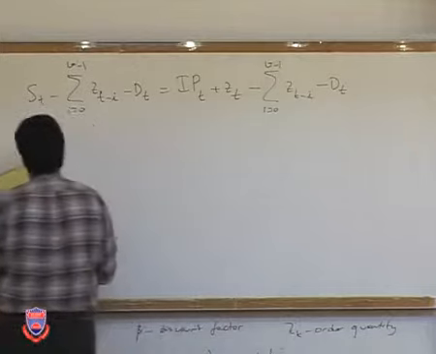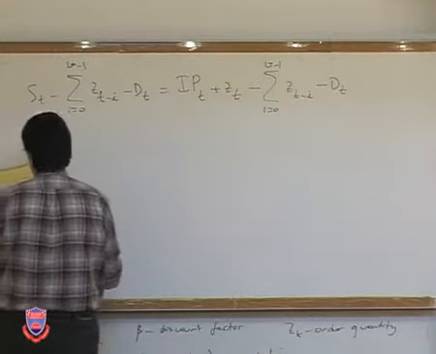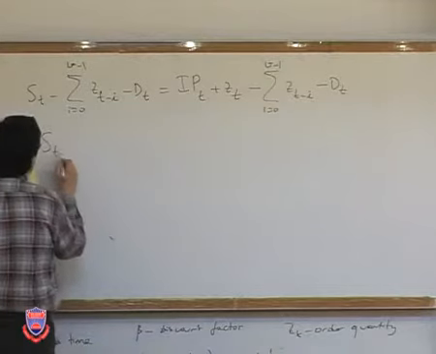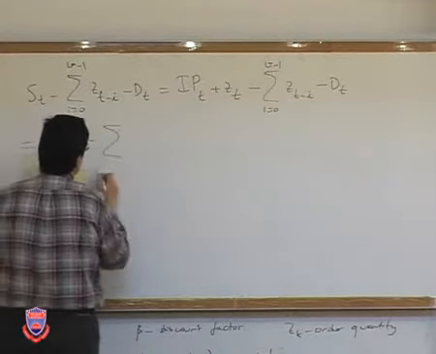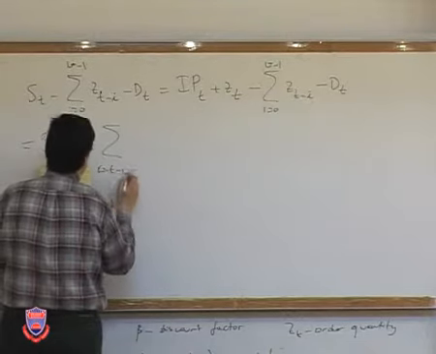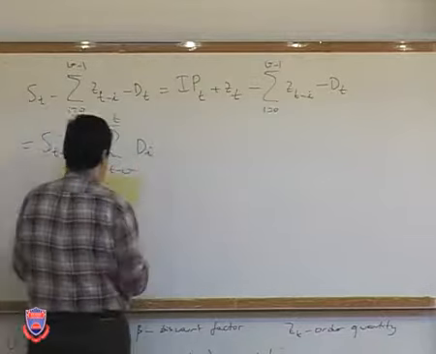And from here, if I go a couple more steps, I'm going to obtain St minus nu minus summation i from t minus nu to t of di.